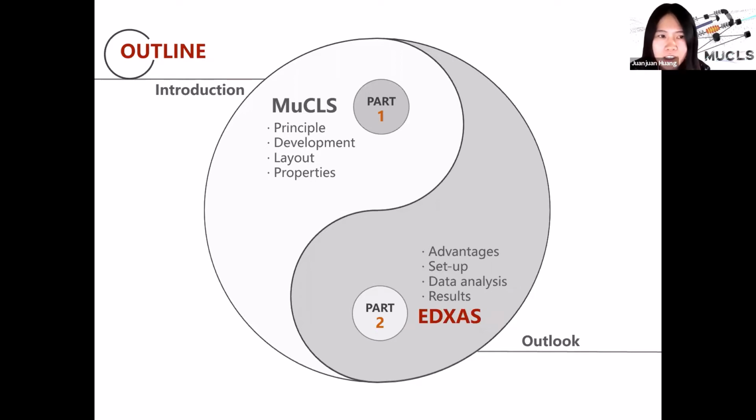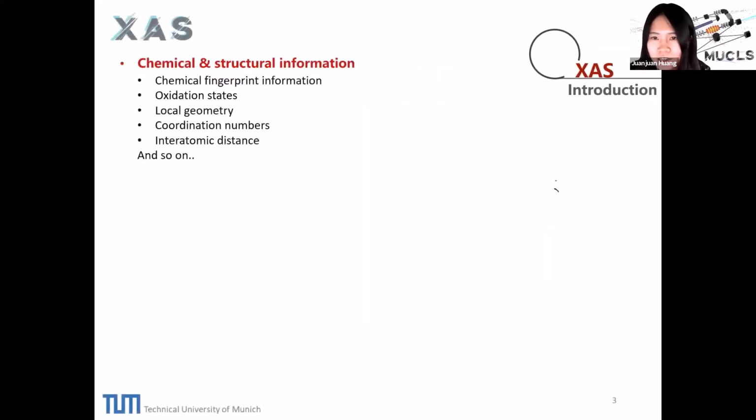Before that, I will also give a very short introduction. About X-ray absorption spectroscopy, I don't need to introduce this technique too much, as all of you are already experts in this field. Basically, this technique can provide us a lot of chemical and structural information.